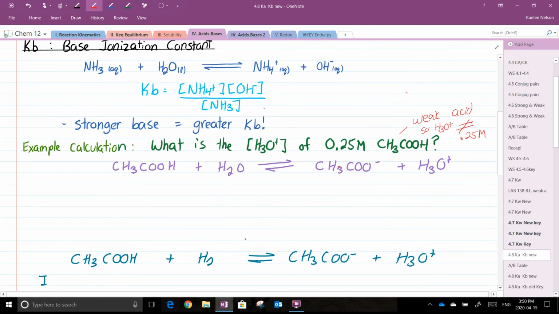So to start with, we will write our Ka expression. Okay, and we got the value we know from our table. That was 1.8 times 10 to the minus 5.